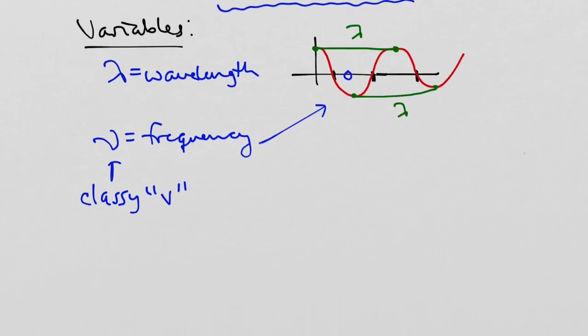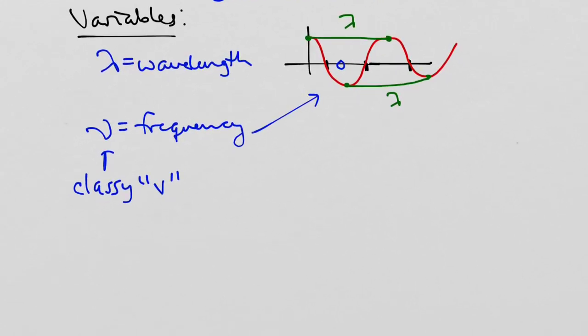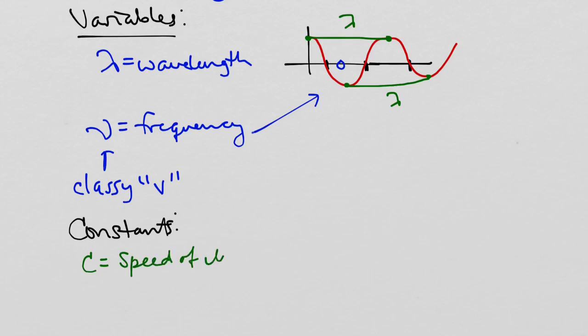A constant we're going to look at, actually we're going to go two constants. First we have c, which is the speed of light, which is 3.00 times 10 to the 8th meters per second.